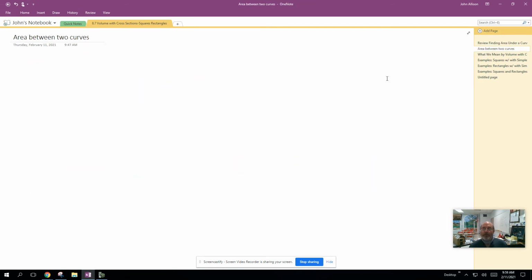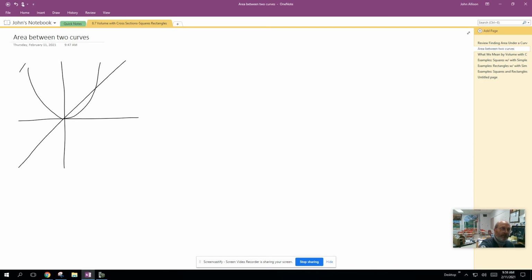Let's look real quick at the area between two curves. And this time, let's look at the difference between the curves y equals x and y equals x squared. So now we're looking for this area. And again, it's made up of an infinite number of rectangles with width dx. The height this time is the top curve minus the bottom curve.